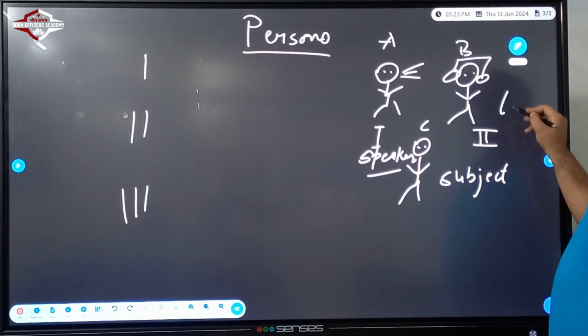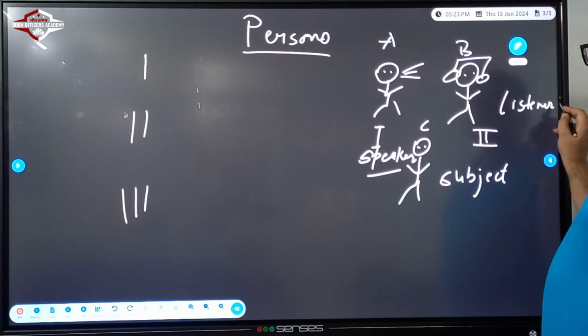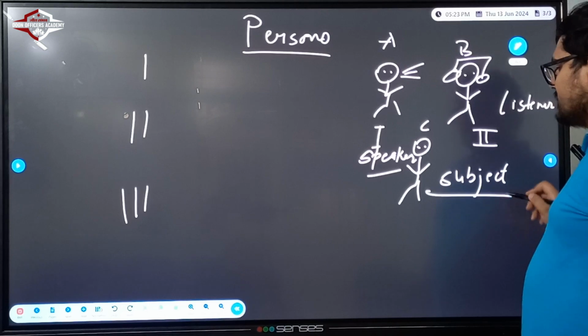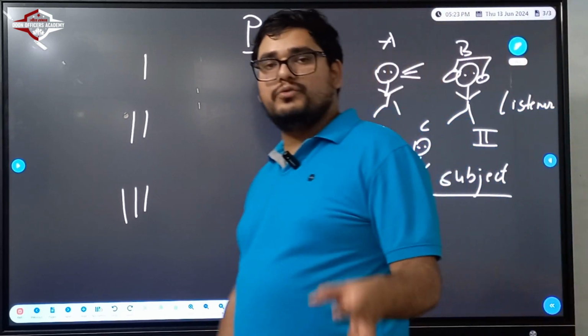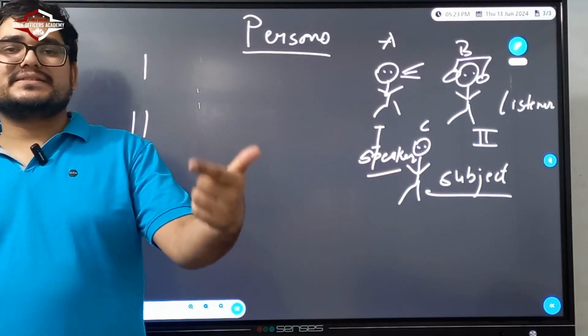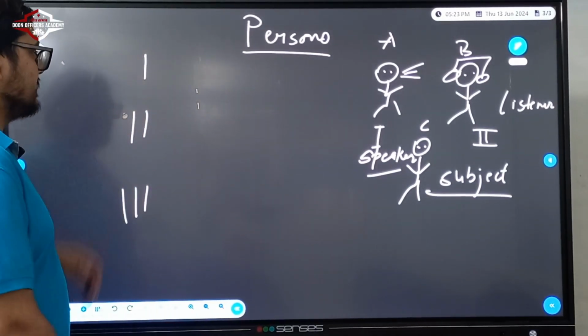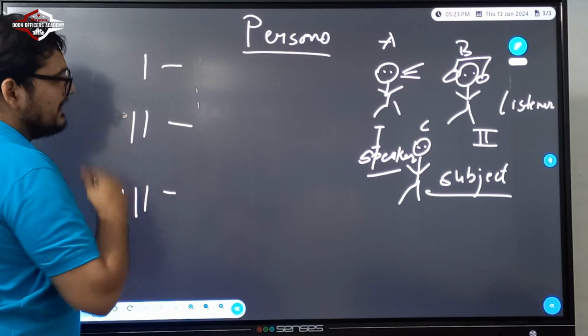The second person is the listener, who is listening. Then the third person is the subject of conversation, about whom the first and second persons are talking. These are your first person, second person and third person.